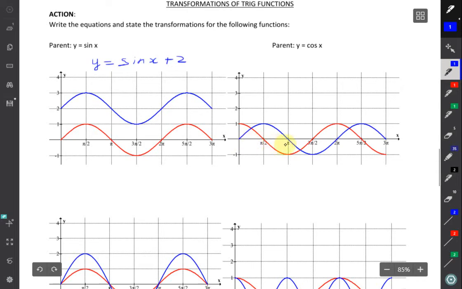If I don't want to add a reflection, then I would take the original curve and find where it starts at the same place as this blue function. So that would be right here at 3 pi over 2. So I would want to phase shift 3 pi over 2 to the left. So that's a plus 3 pi over 2, and then I would not need to do a reflection. So that's what I'm going to do.